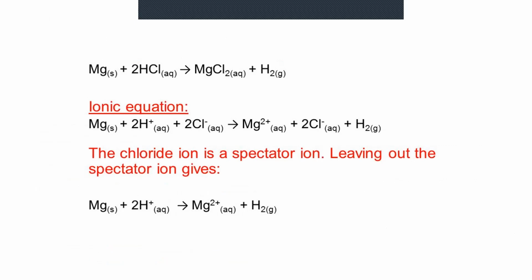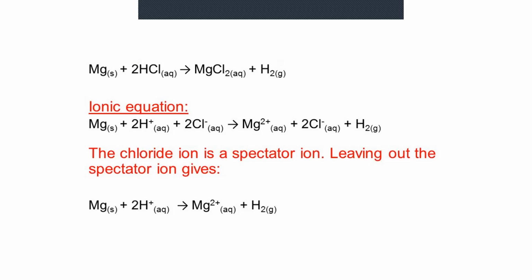Notice that I've chosen here the reaction of magnesium solid with hydrochloric acid. Again, we are actually going to be using acetic acid instead of hydrochloric acid. But the reaction is very similar because hydrochloric acid separates into hydrogen ions, or H+, and chloride ions, and acetic acid separates into hydrogen ions and acetate ions.